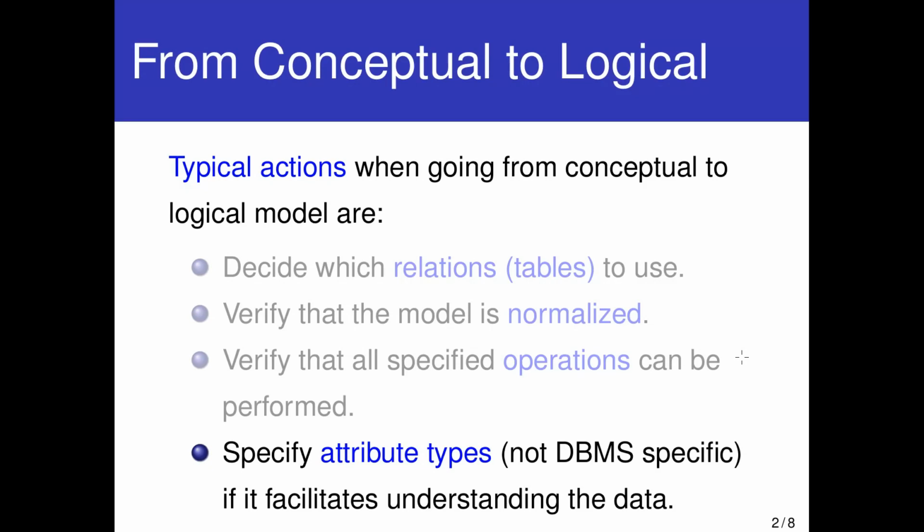Okay, so that's basically the most important things of the logical model. It is a model of a database, but it is not concrete enough to make it possible to implement in a database. We still haven't decided on implementation details in the logical model.